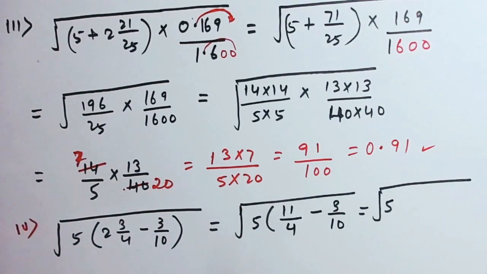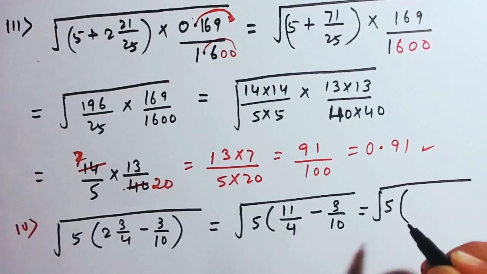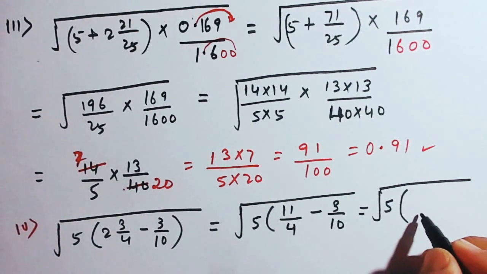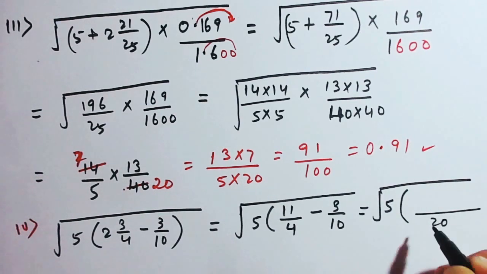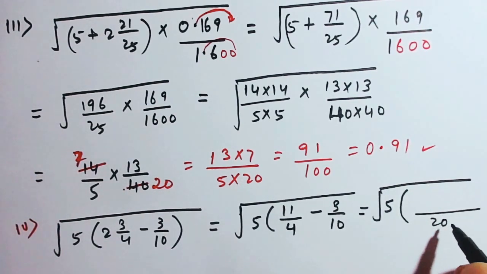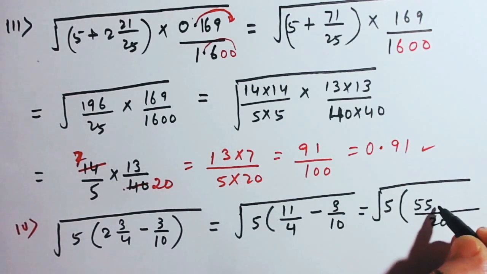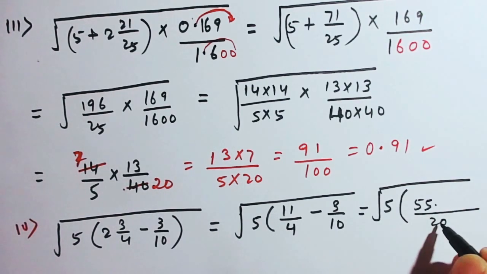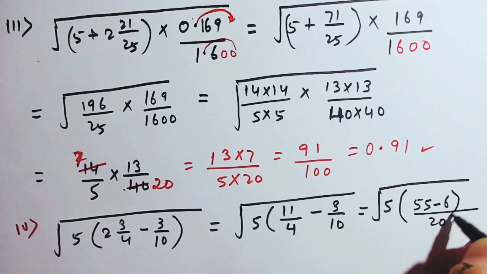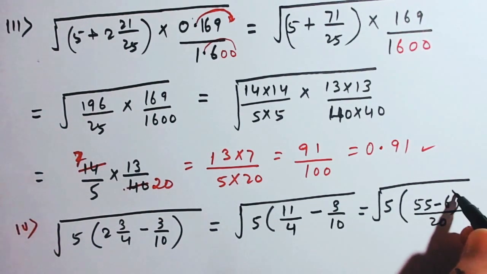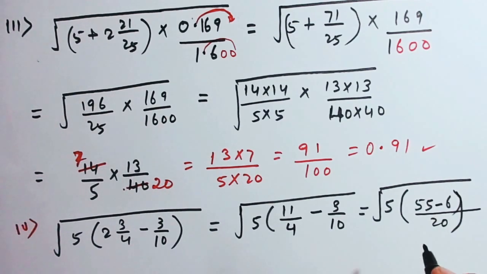Now moving on to this, what are we going to get? 5 multiplied by LCM of 4 and 10. LCM of 4 and 10 will be how much? 20. Now 4 5 times 20, 5 11s are 55, minus 10 2 times, 55 minus 6 by 20. Now why not complete it here only?